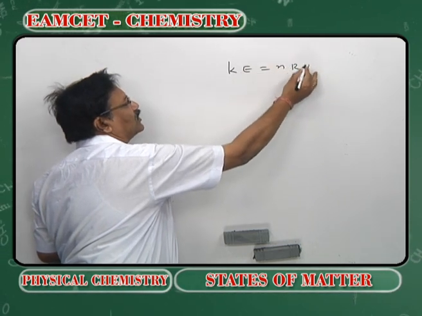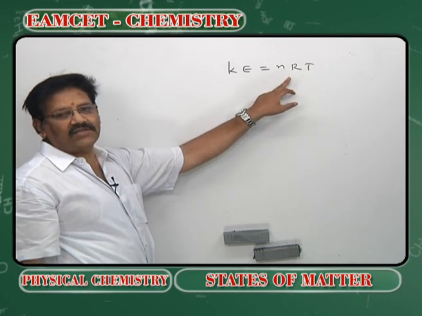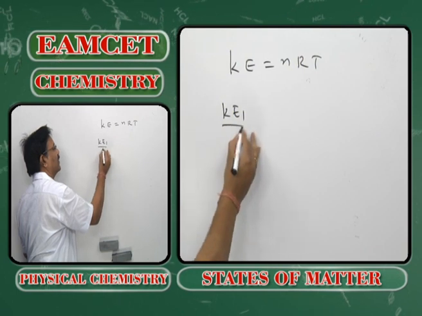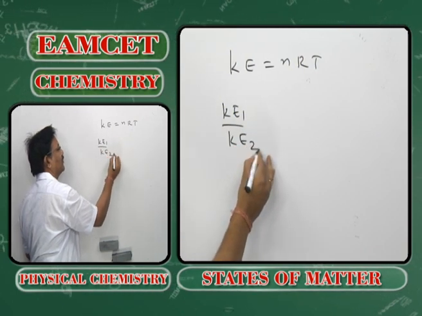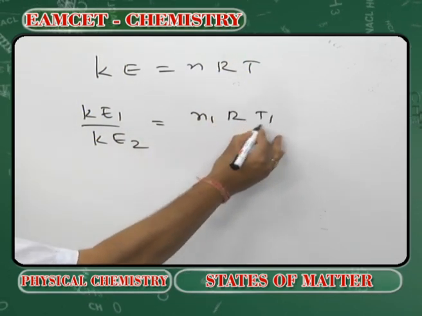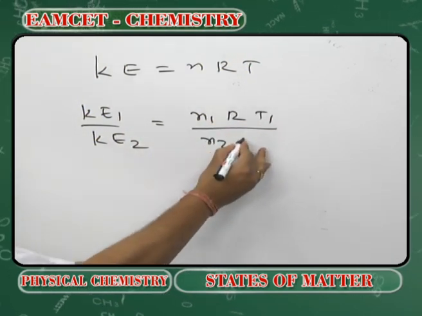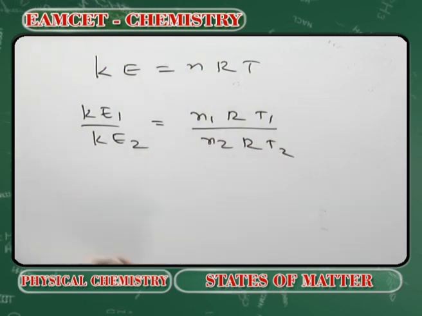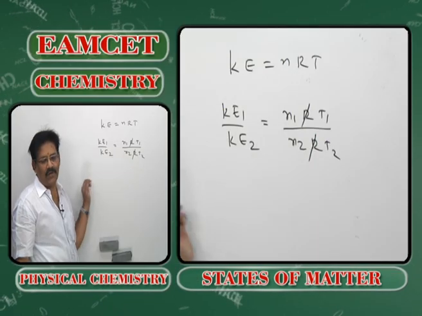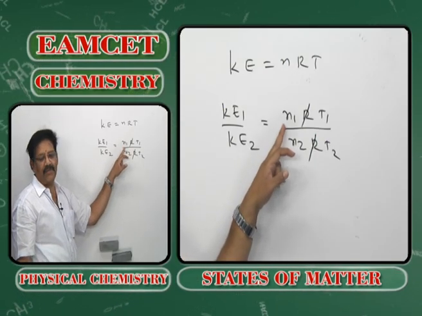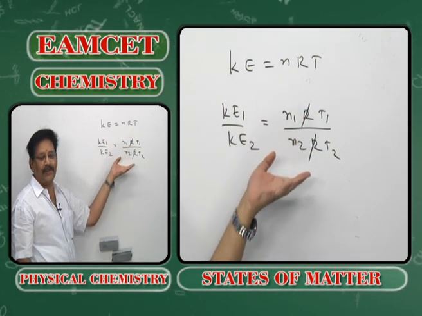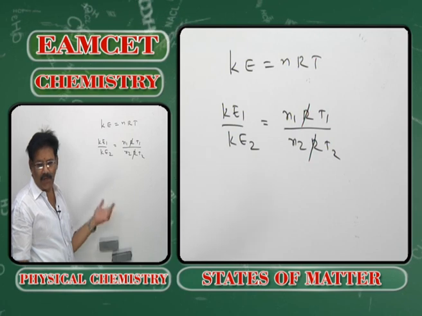Since R is constant, KE1 by KE2 is equal to N1 T1 by N2 T2. R gets cancelled out. How do you get the number of moles? Number of molecules by Avogadro's number. So the number of moles is also proportional to the number of molecules.